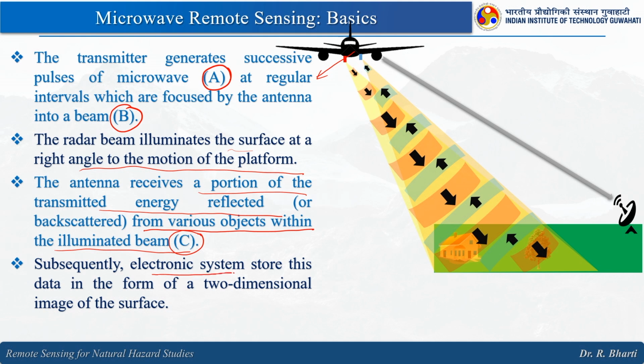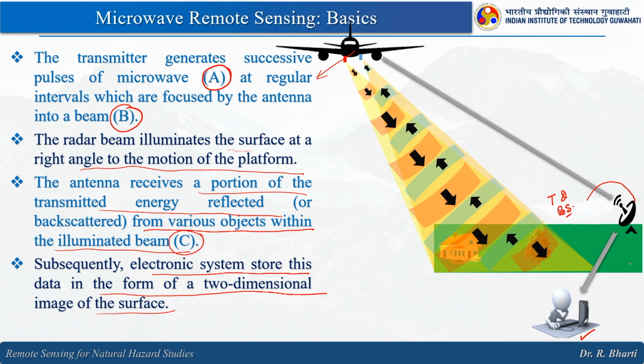Subsequently, the electronic system stores this data in the form of a two-dimensional image of the surface, because we have time and backscattering. Then it will be sent to the ground station and distributed.